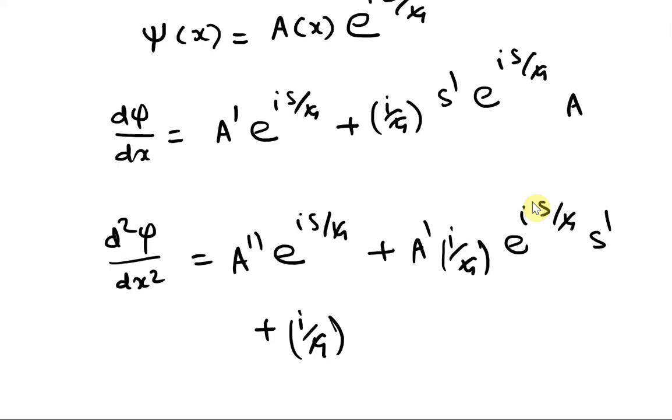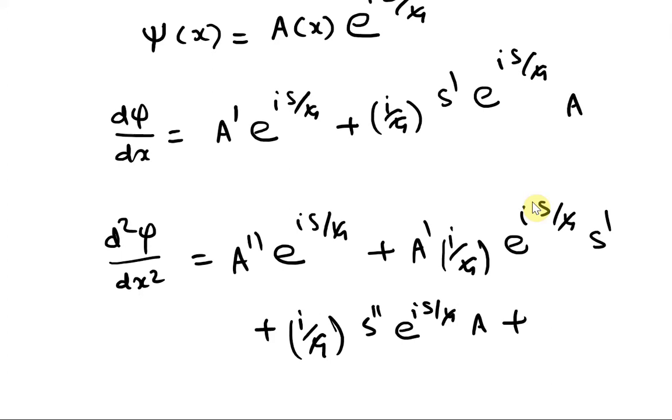First I will differentiate this quantity S prime, then S double prime, e raised to iS divided by h cross A. So here we have three terms actually.